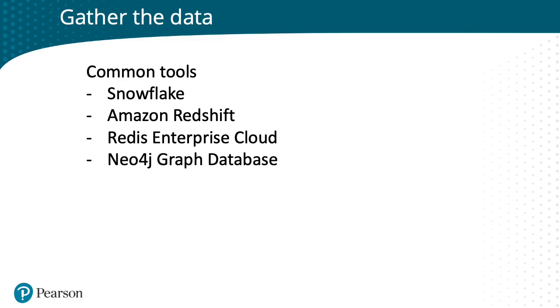These are just some that come up pretty often in discussions, especially those top two, just because Snowflake is pretty big with data ingestion, and Amazon Redshift is just a part of the Amazon services in AWS. So teams that are already heavily invested in AWS tend to go with Redshift.